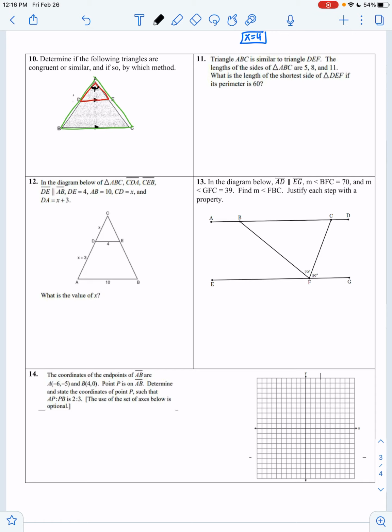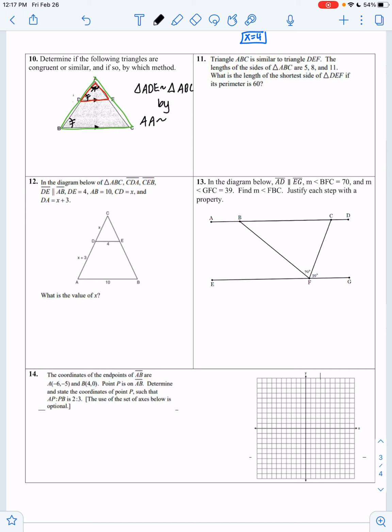Now, I don't know anything about the sides, so chances are I'm not going to be using the sides for any of these. I do know that we have parallel lines, and in parallel lines, we have corresponding angles. So already I know that triangle ADE will be similar to triangle ABC by angle similarity.